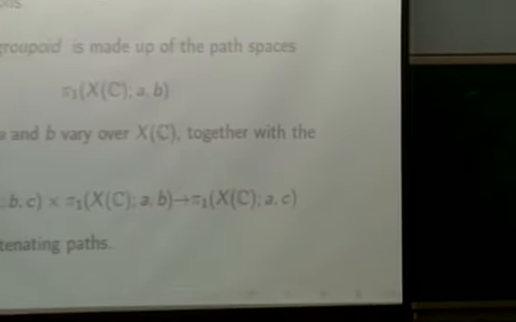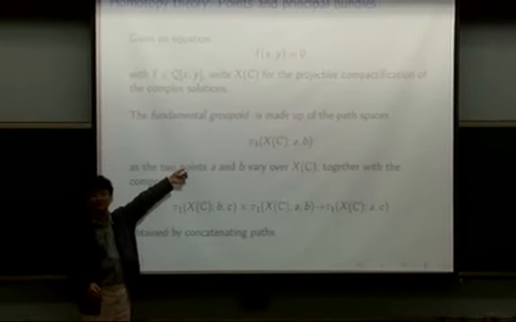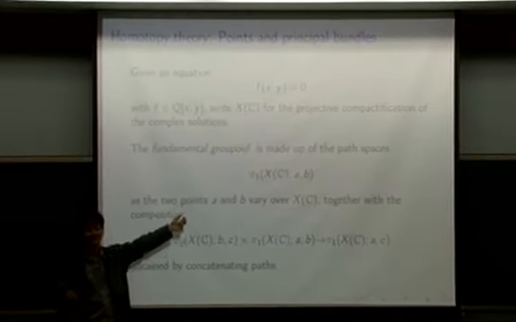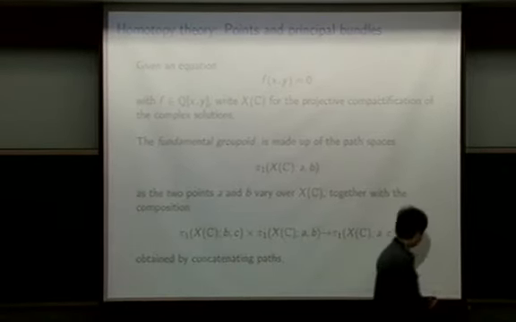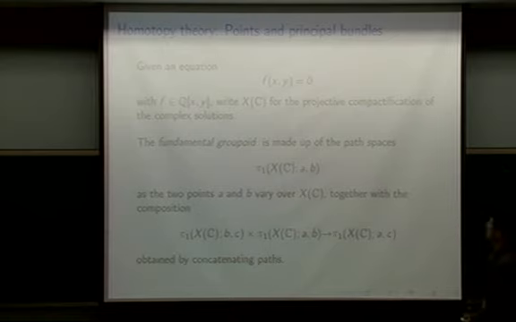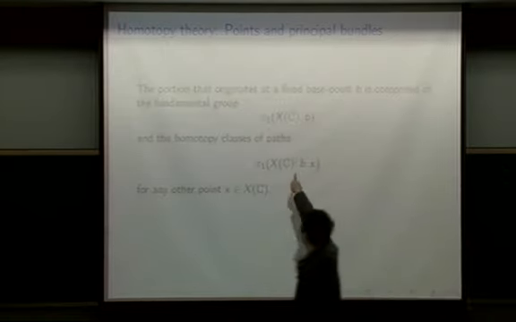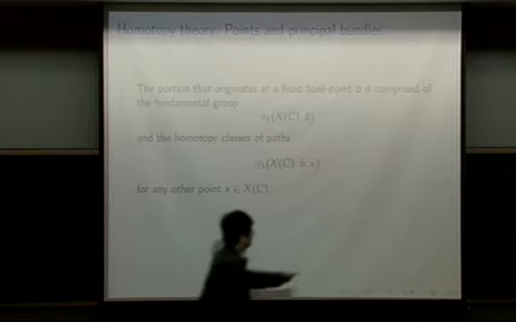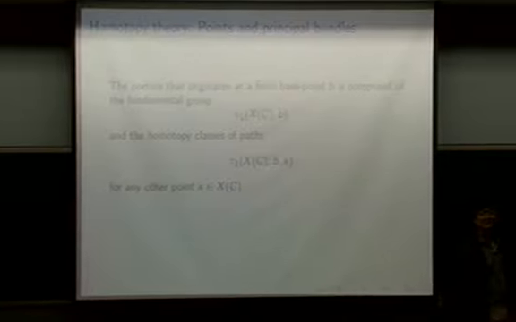And the thing is, if you have the homotopy classes of paths from A to B and then those from B to C, you can compose them to get homotopy classes of paths from A to C. This is the structure you get when you consider all the pairs of base points at once. So there's a coherent way in which these things can be thought of together as you vary the two points, A and B. What's especially important for us is that if we fix one base point, this guy is not a group, right? There's no way to compose two of them in the same place.